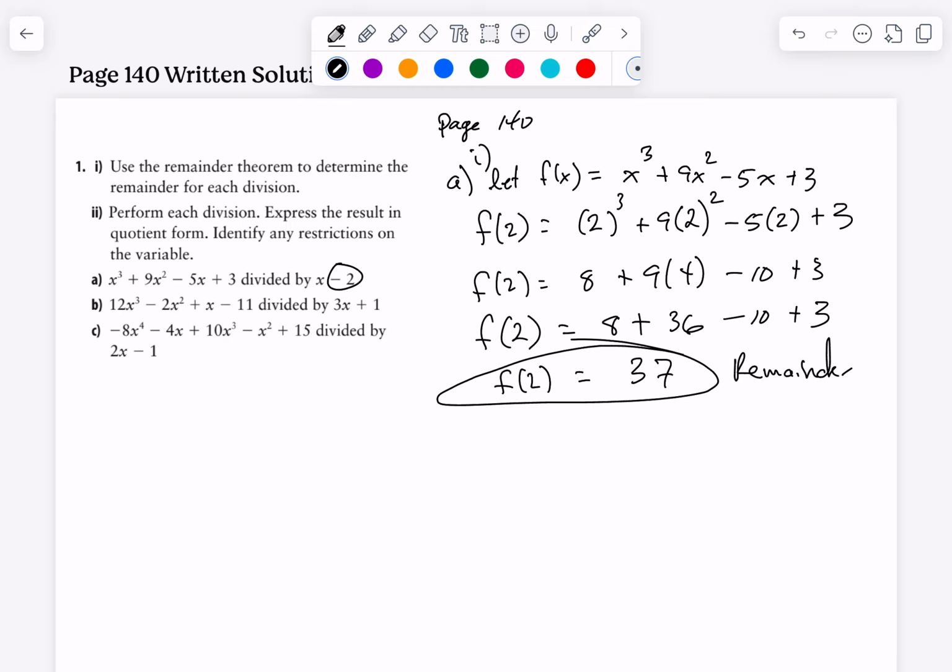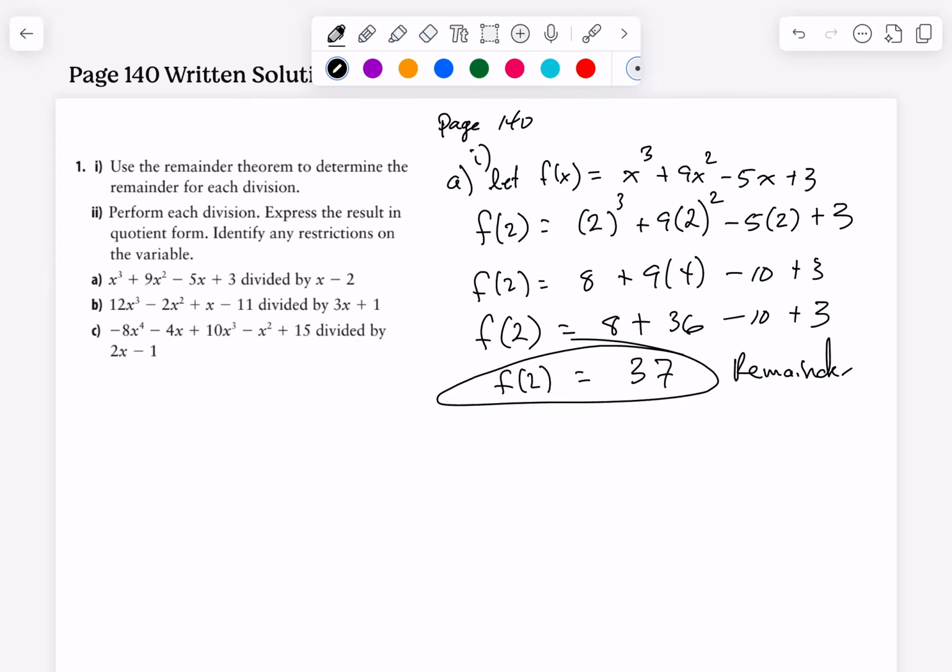Now we're going to use some form of division to figure out whether or not that holds true. This question is nice because I can show you the different kinds, either synthetic division or long division. I'm going to do synthetic for this first one, for the reason we talked about in class.